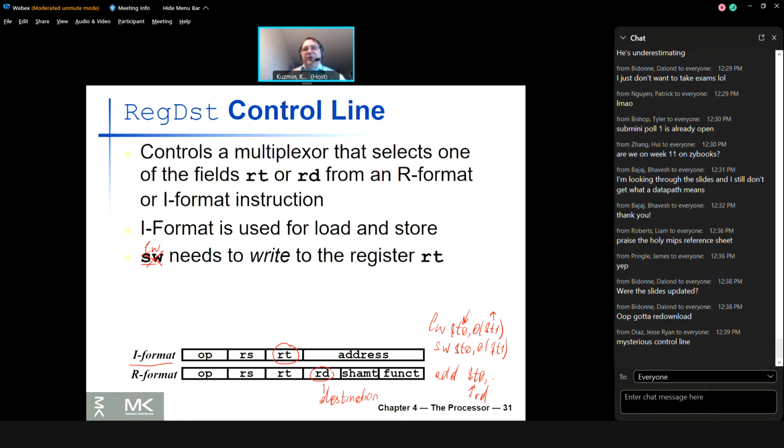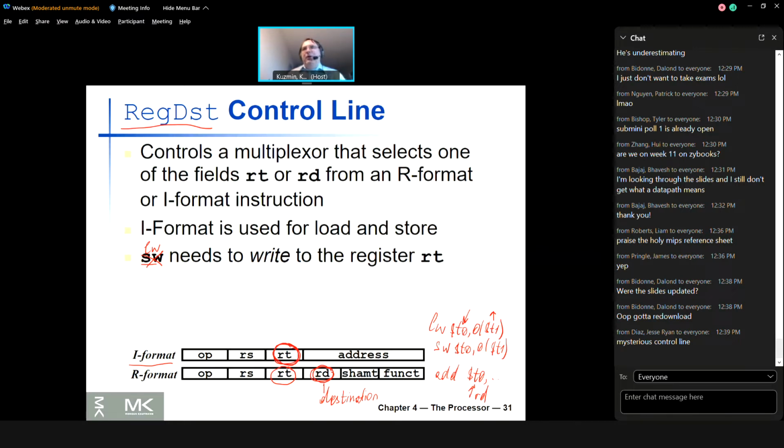For some instructions, we have to write to RT. And that's why we need this control signal register DST that decides whether we are writing to RT or to RD. So for R format instructions, we are writing to RD, and for certain I format instructions, we are writing to RT.